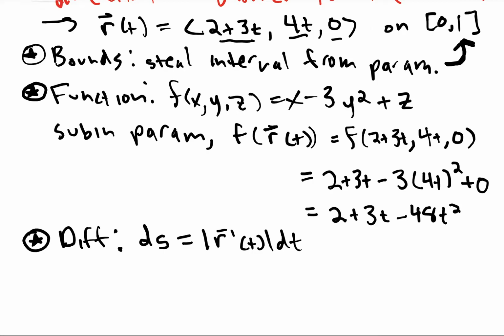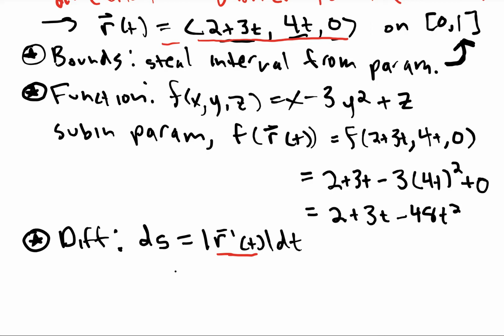So this is very plug and chug. You have to look at whatever parameterization you started out with in the first place, and that is what we're using for the r that we reference right here. This is why I said at the very beginning of this problem it was very important that we get a parameterization first, because we needed it for every single one of these steps.